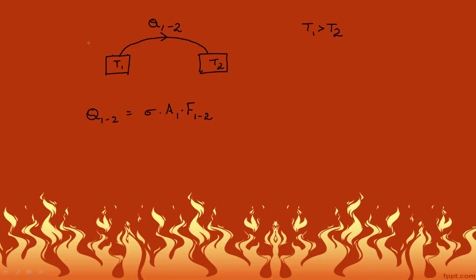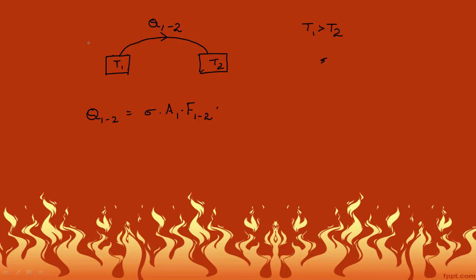It is denoted by capital F1 to 2, multiplied by, see, these two objects which are at different temperatures will have different emissive powers, and if we consider that these two bodies are not black bodies, then these two objects will possess different emissivities.